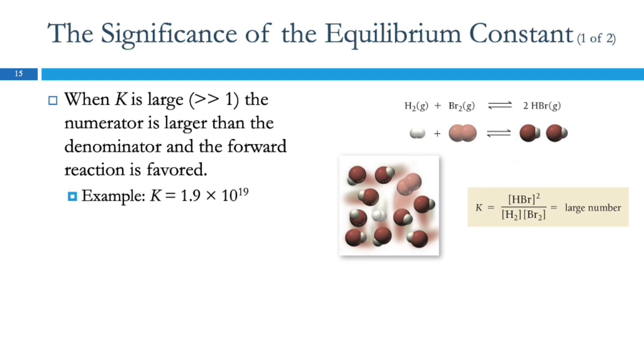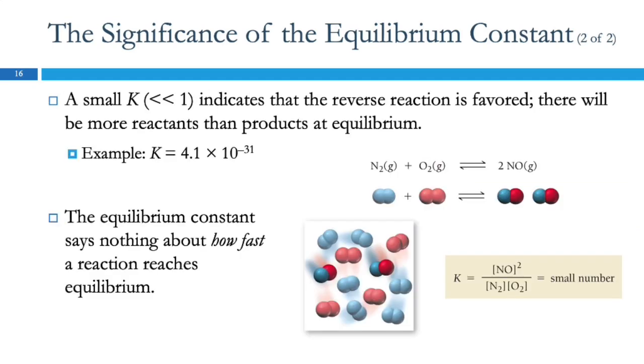Big K favors the products. A small k, much less than 1, here in this example is 10 to the negative 31, really, really small, indicates that the reverse reaction is favored. So here we look at k. If k is a really small number, that means the numerator is very small and the denominator is very big. So with an equilibrium constant like this, hardly any of the product is going to form.